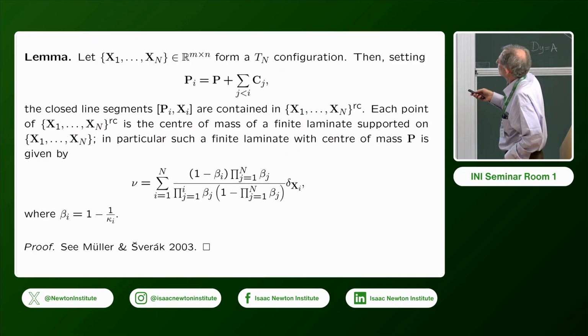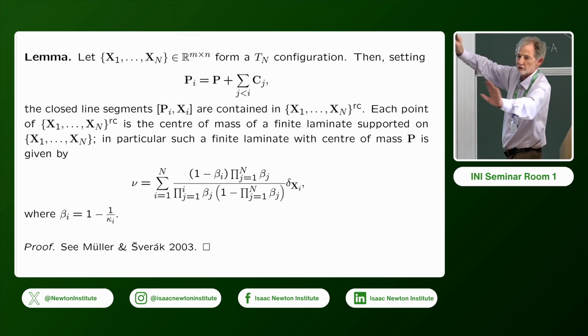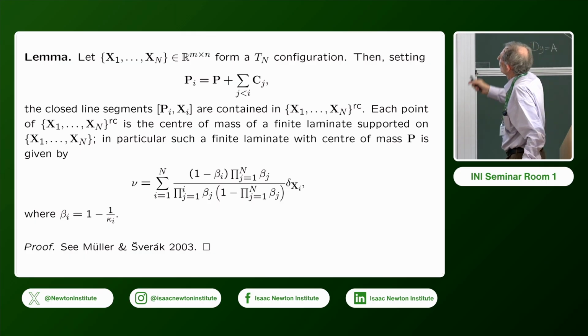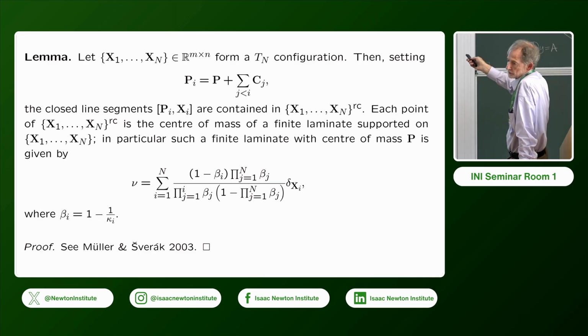And so all the closed line segments, in fact, everything in that picture that I showed, all the lines, are contained in the rank 1 convex hull of the n matrices. And in fact, any point in the rank 1 convex hull is the center of mass of a finite laminate that's supported on X1 up to Xn.